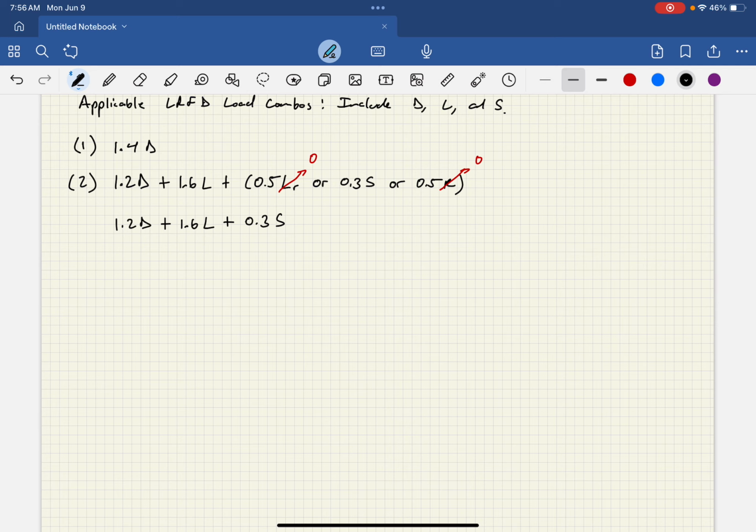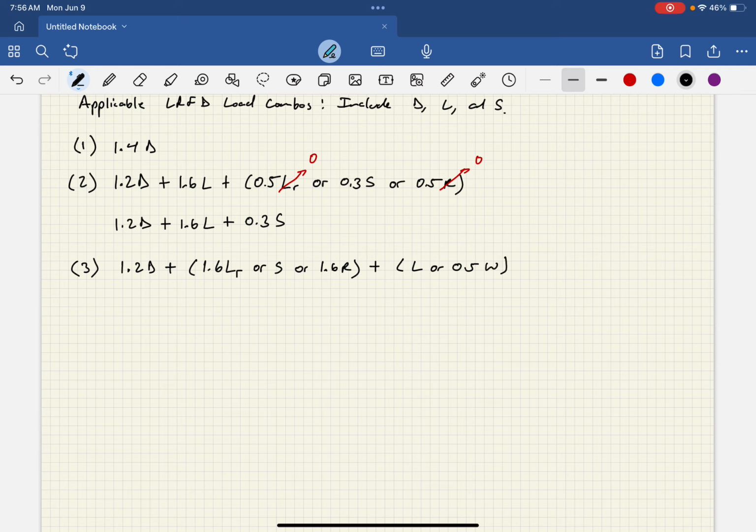Now, the third load combo we can list out that could be applicable to this particular problem is load combo 3. That's going to be 1.2 times the dead load, and then plus, again, a longer or statement: 1.6 roof live load L_r or snow load or 1.6 times the rain load, all right? And then we have a third term, plus live load or 0.5 wind load.